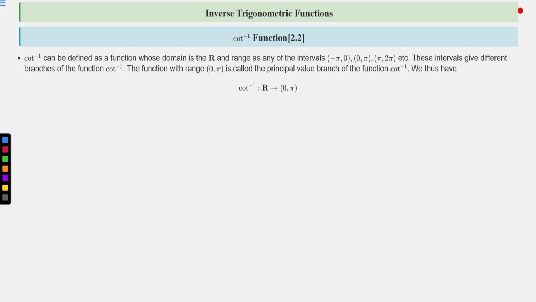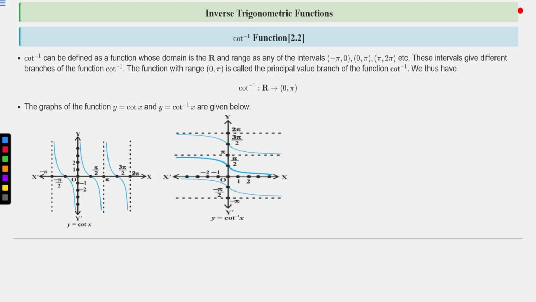Sin theta will be equal to 0, so cot theta will not be defined. Got it? So the graphs of the functions y equals cot x and y equals cot inverse x are given below. You can see, this is the graph of cot x and this is the graph of y equals cot inverse x.